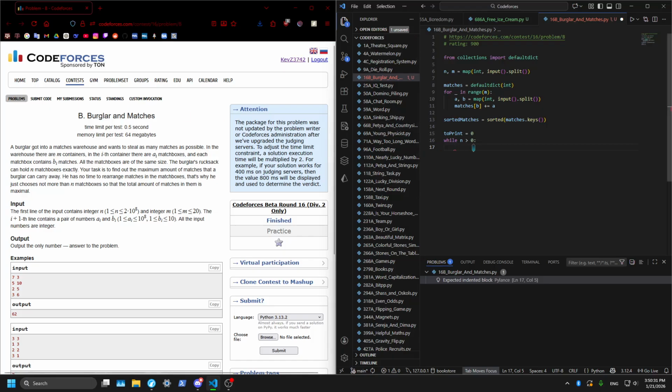But, okay, so while n is greater than 0, for box in sorted matches, wait, hold on.